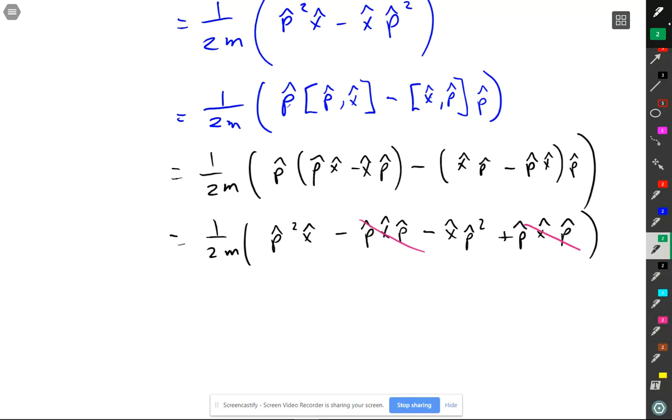I'm just going to pull out the textbook because I don't want to make a mistake. xp is i h bar. And so if you do px, that's right.